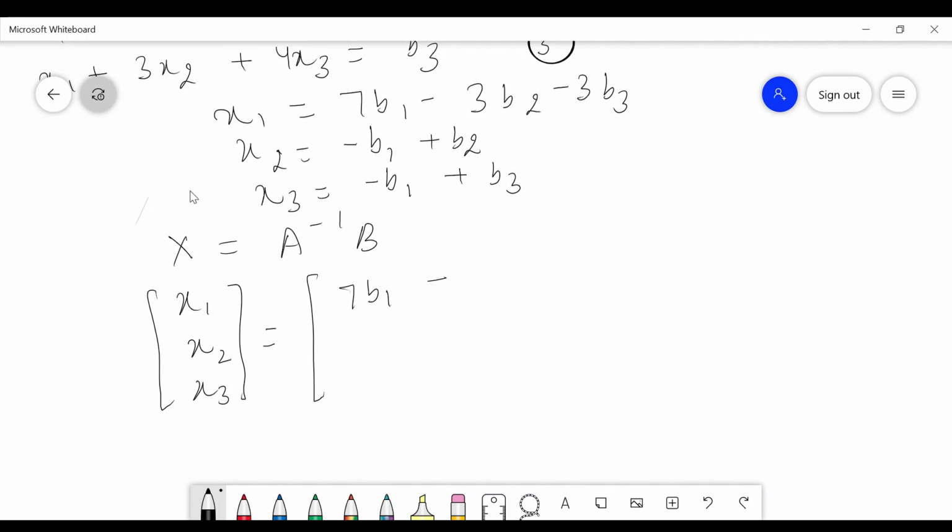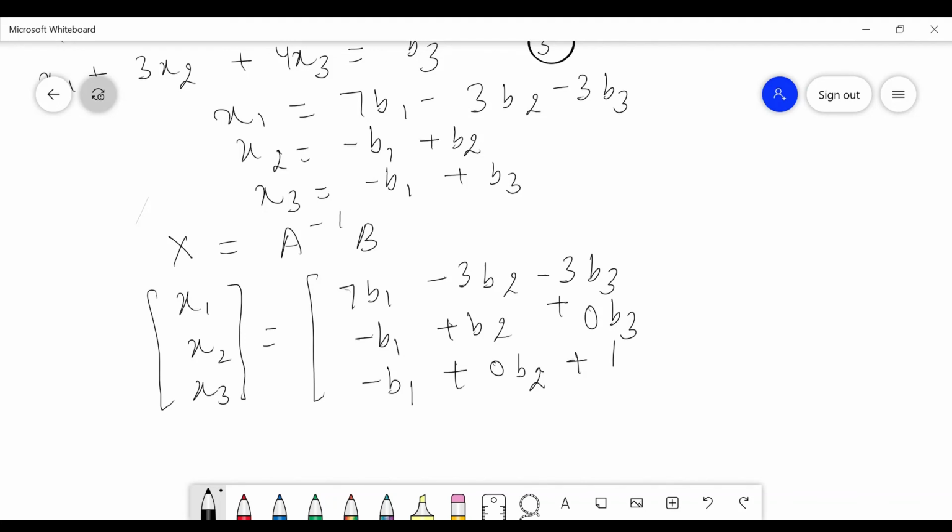7b1 minus 3b2 minus 3b3, then minus b1 plus b2, but I don't have b3, so I will write 0 b3. Then I have minus b1 and b3, but I don't have b2, so I will write 0 b2 and plus 1 b3.